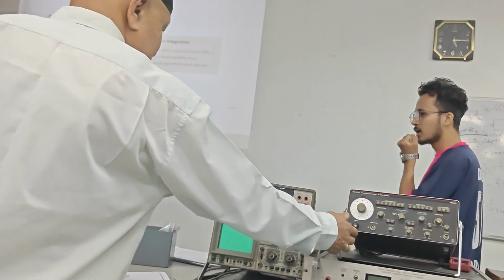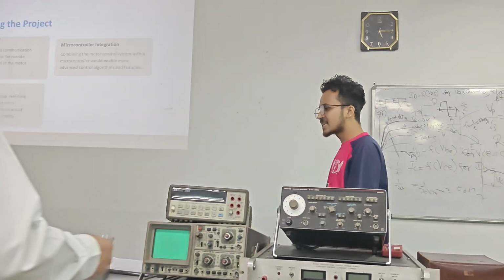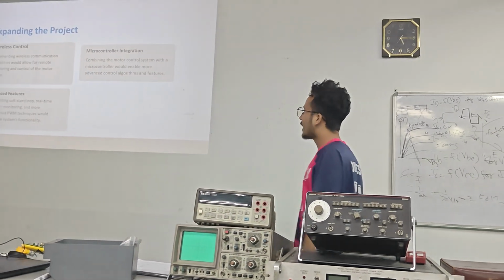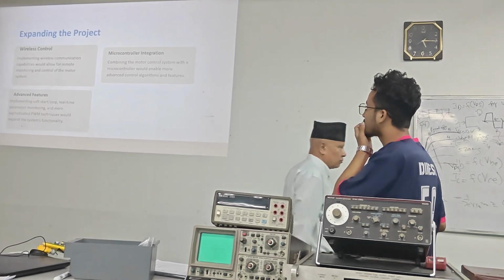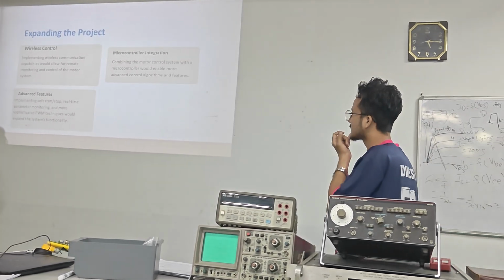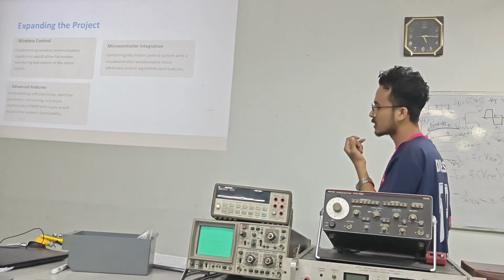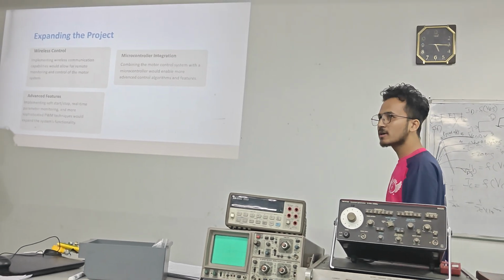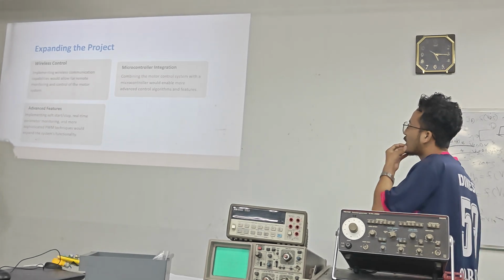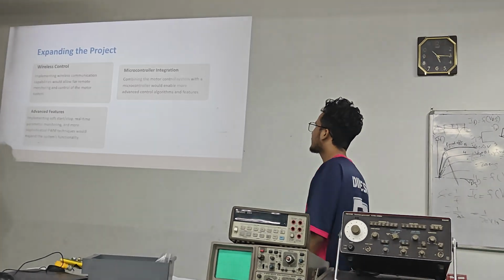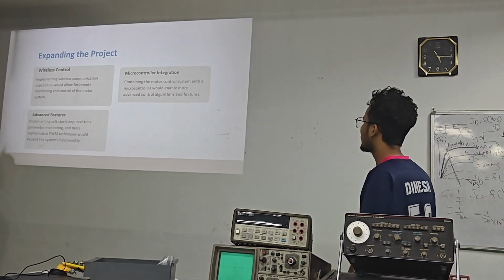Expanding the project. We can expand this project by wireless control also. When we use a wireless control system, we can also control the speed of a motor. Implementing wireless communication capabilities will allow for remote monitoring and control of the motor system.